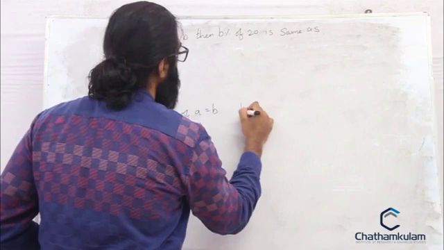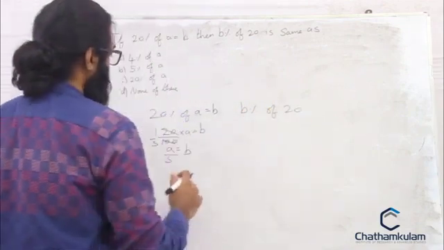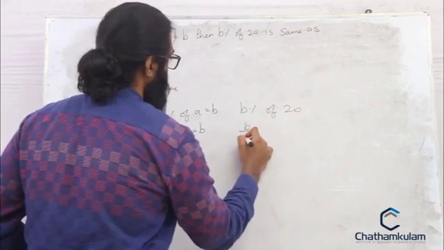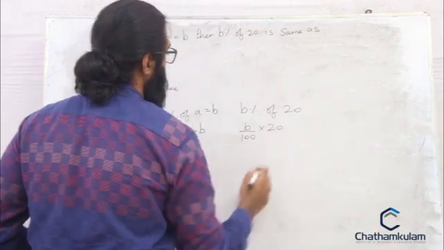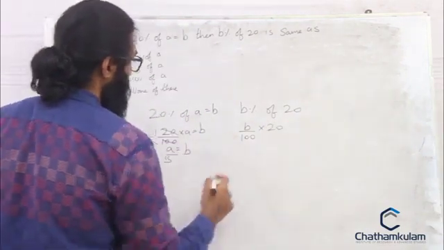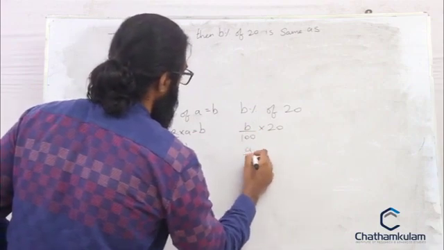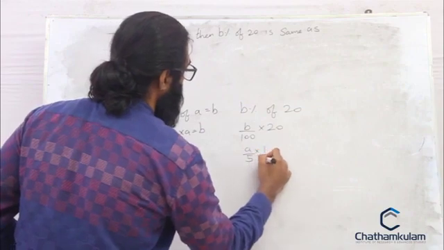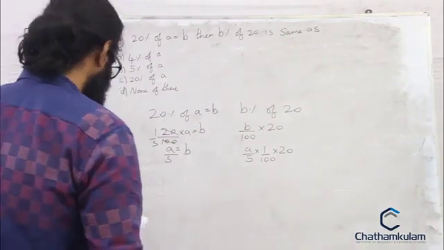That is, B% of 20 is B by 100 into 20. What is B here? B is A by 5. So A by 5 into 1 by 100 into 20, right?